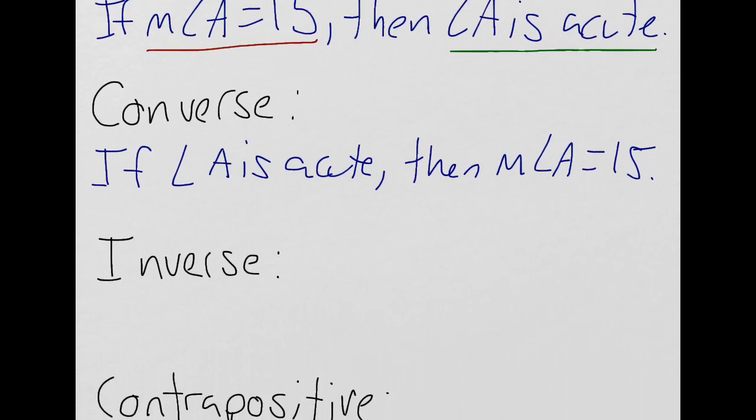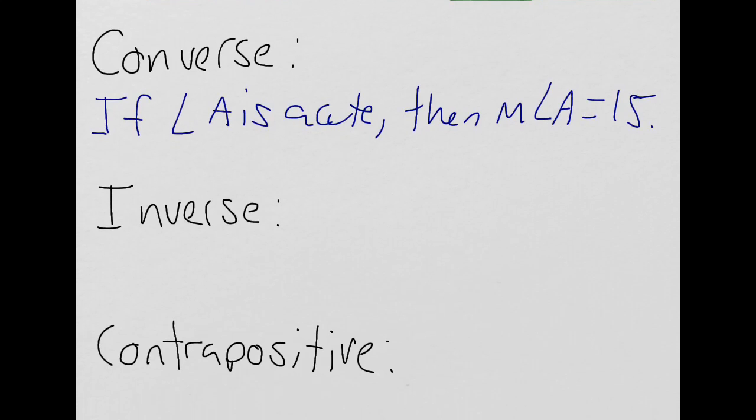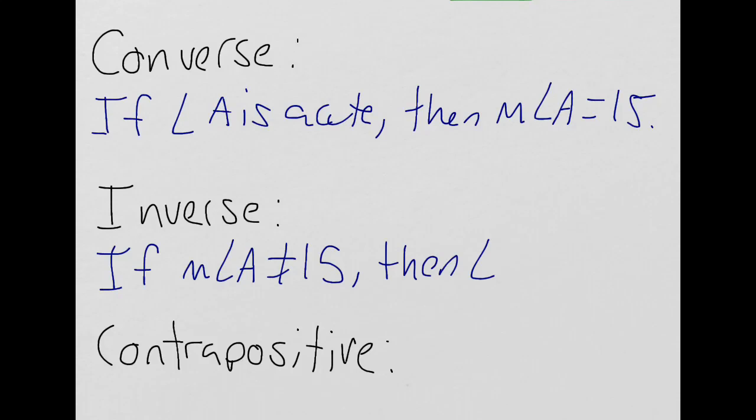So when I rewrite this, it's going to say, if the measure of angle A does not equal 15, then angle A is not acute. Notice that I just used a little bit of mathematical shorthand here. I just crossed out the equal symbol, so I didn't have to write out the whole phrase. I just said measure of angle A is not 15.